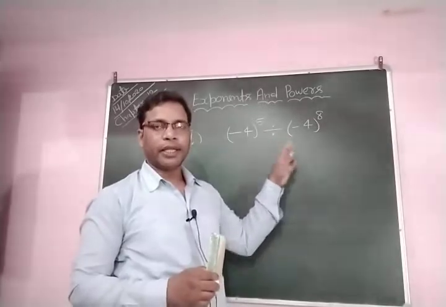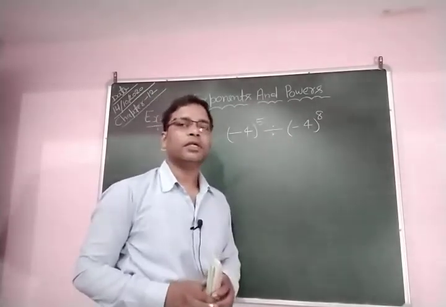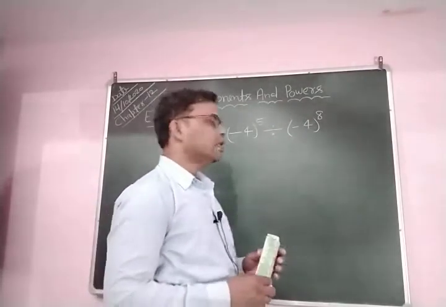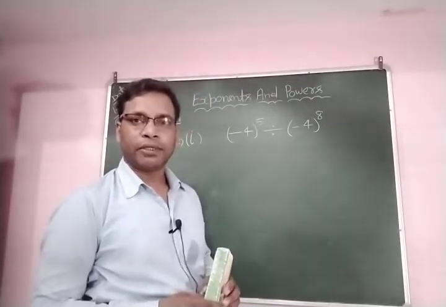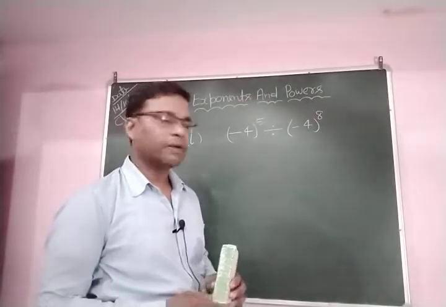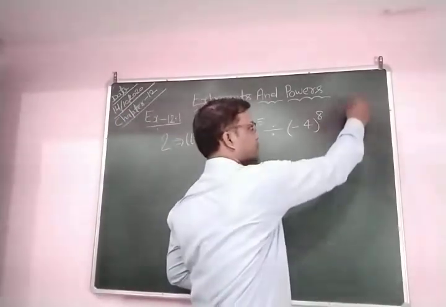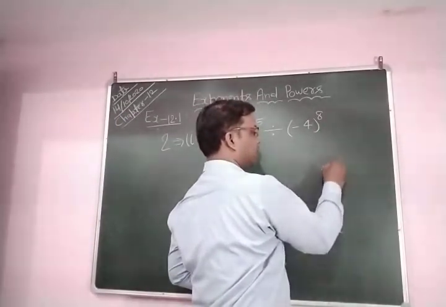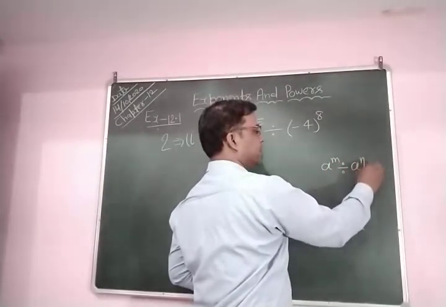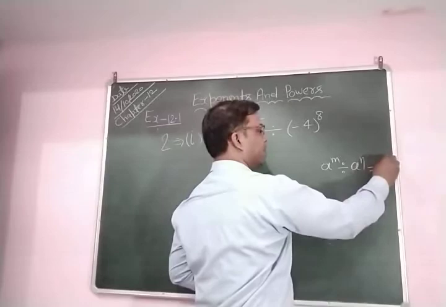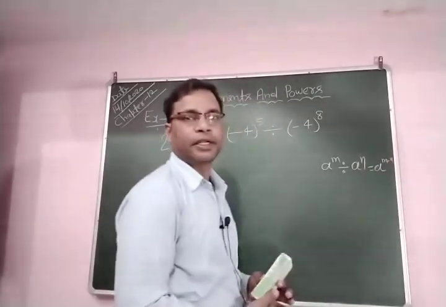Base are same, and it is a case of division. I hope all of you remember that if the bases are same and it is a case of division, then you subtract their powers. You know very well this rule: a to the power m divided by a to the power n represents a to the power m minus n. Clear?